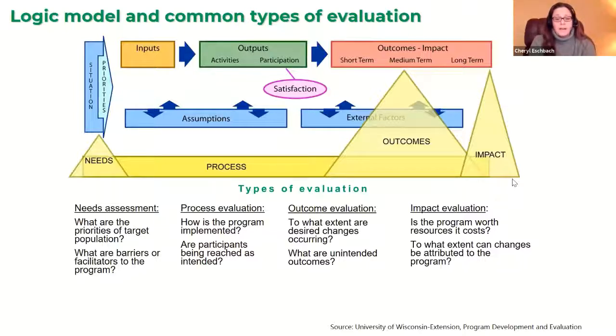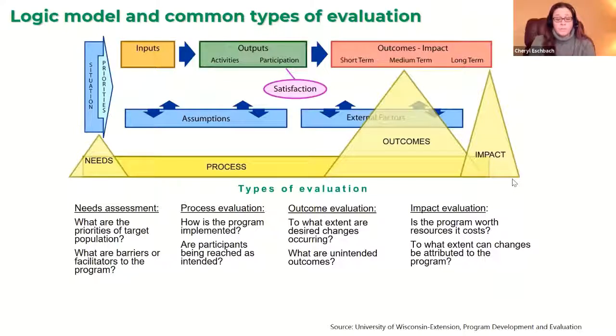So if you have extension administrators or project funders or others who are asking you for an ROI, or return on investment, and you set up a program logic model correctly, that is something you are able to calculate, because you can look at how many staff we had, what kind of training costs we had, what the program cost was, and how many people we reached. Those values then become the pieces for calculating a return on investment.